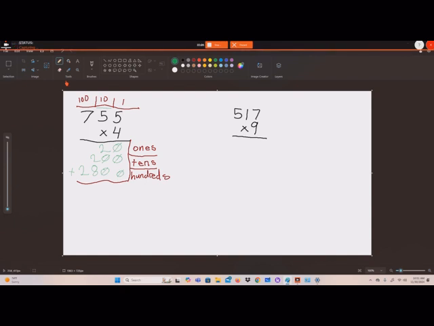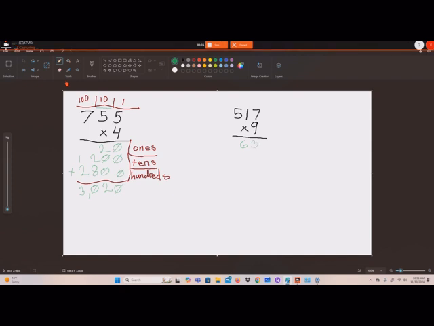Then you just add 0 ones, 2 tens, 8 hundredths plus 2 hundredths is 10 hundredths, or 1,000. 2,000 plus 1,000 is 3,000. Now here you go. This is how you should be able to do it on paper. That's just partial products. 9 times 7 ones would be 63 ones.